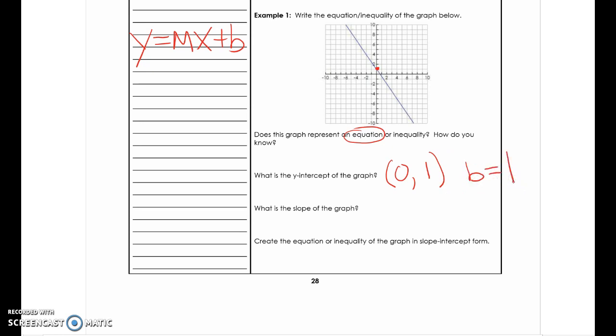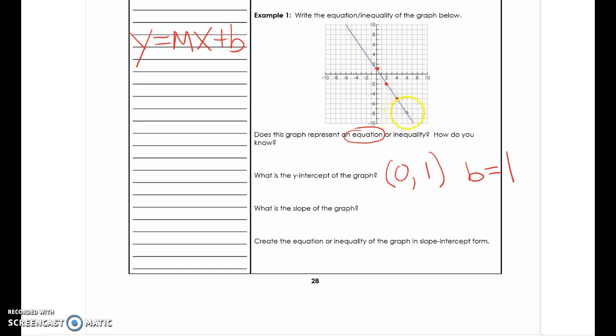Then find the slope. Be sure you use the slope and make sure that the slope works as you move up and down the line. So it appears that the slope is down 3, right 2. But I'm going to test that by going down 3, right 2 and seeing if I still fall on the line.